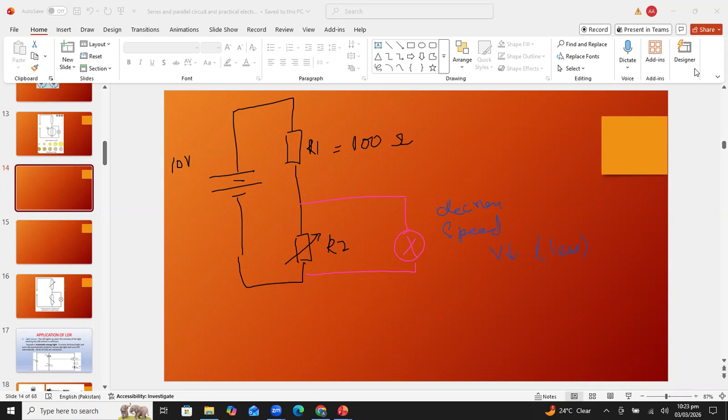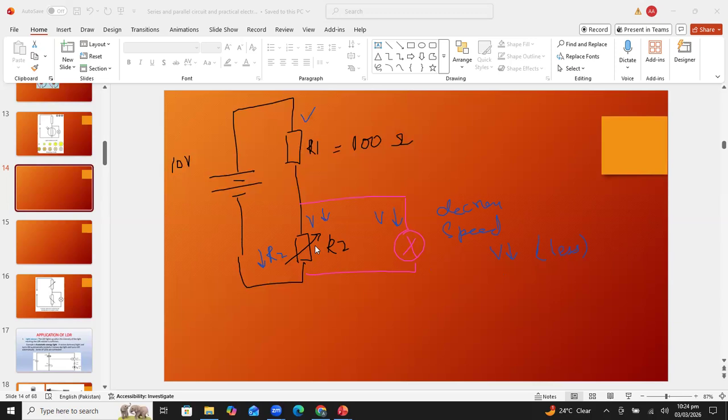So it means the fan speed will be decreased. So for less voltage, we have to decrease the resistance of this variable resistor. If I decrease the resistance of this variable resistor, very little voltage will appear across this resistor and the same little voltage will appear across this motor as well. So it means, beta, the fan speed will become slower because it is receiving less voltage, and the remaining voltage will be shifted across this resistor.